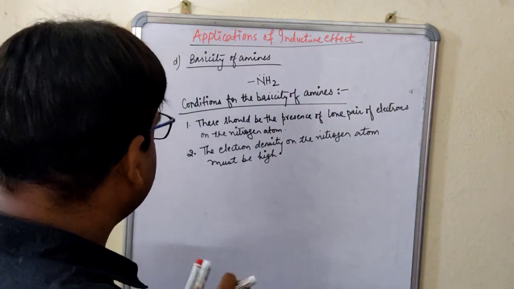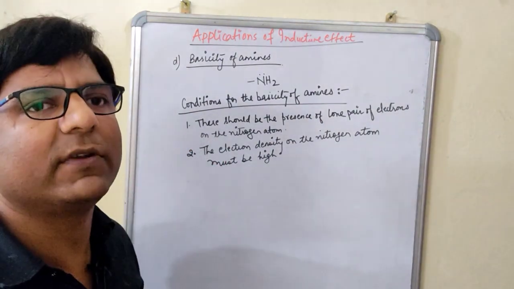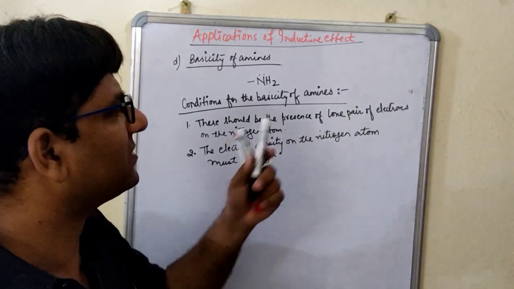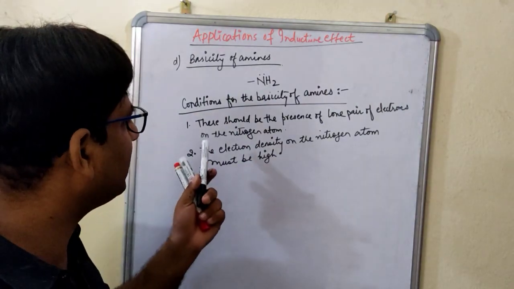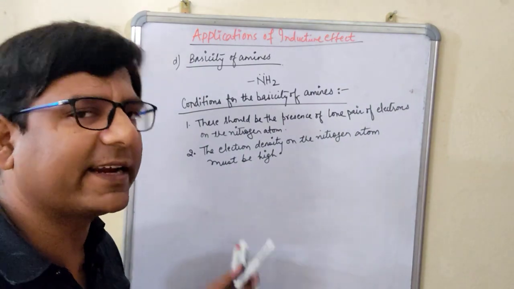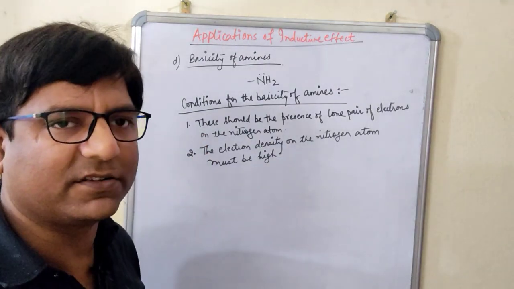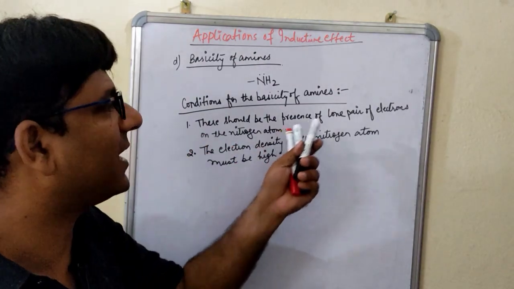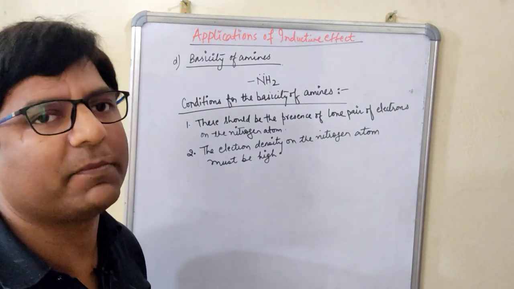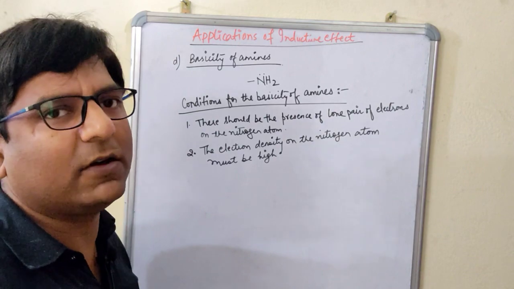If the two conditions are satisfied, then that particular amine will be more basic, relatively more basic than the other. First is the presence of a lone pair of electrons. And if the first condition is satisfied, automatically the second condition will be fulfilled, because the second condition depends upon the first condition. The lone pair itself has its own electron density apart from the atom where it is placed. These are the two conditions for the basicity of amines.